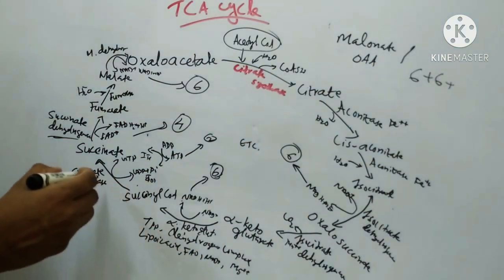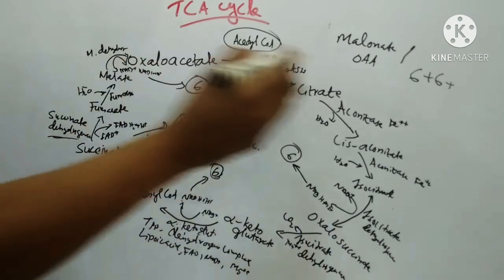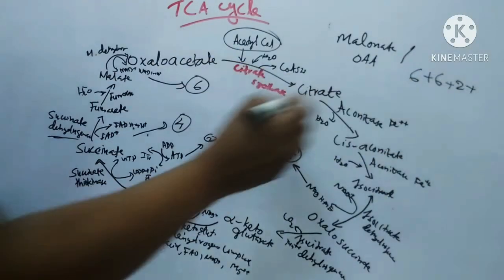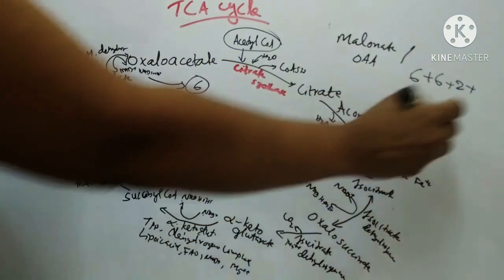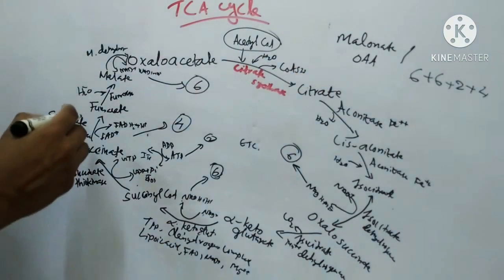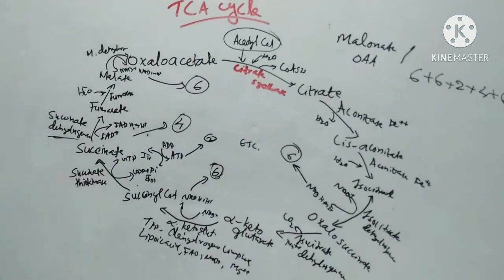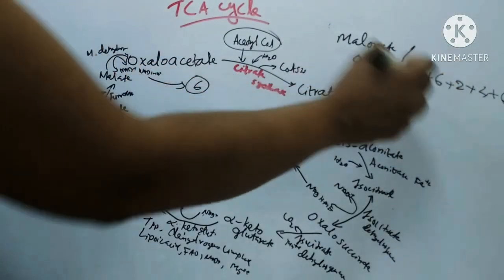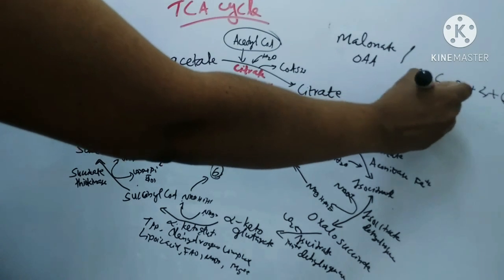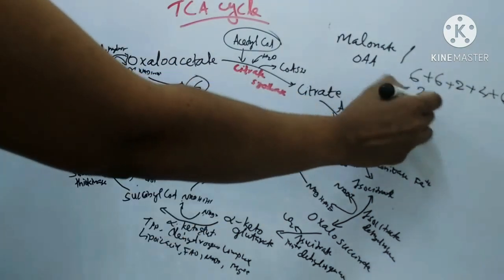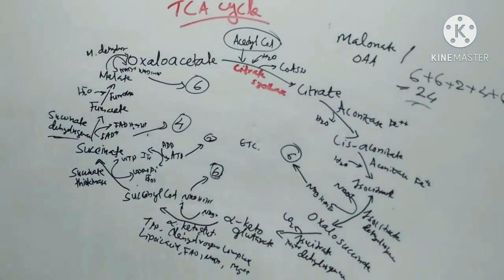Then succinate thiokinase gives 2 ATP. Succinate dehydrogenase gives 4 ATP. Malate dehydrogenase gives 6 ATP. So the total ATP molecules per TCA cycle is 24. That is the energetics in the TCA cycle.